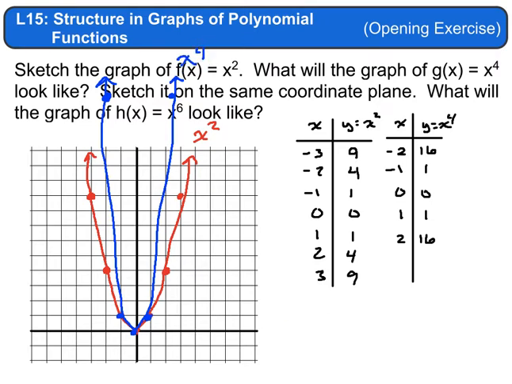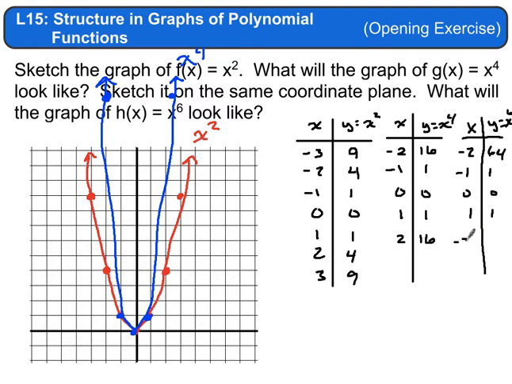And if we just compared x to the sixth, right, so one more table, x, and then y would equal x to the sixth. Again, those numbers grow quickly. So you get -2, 64. These would stay the same.